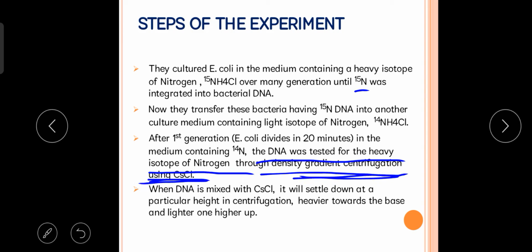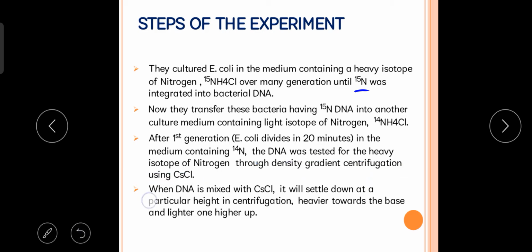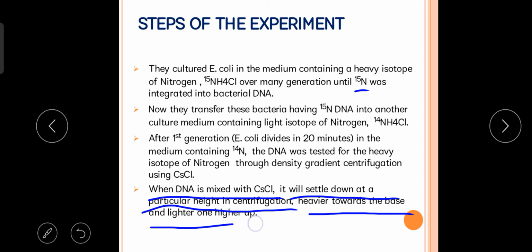Okay, so after that, remember, when the DNA is mixed with cesium chloride, then it will settle down at a particular height in the centrifugation. Remember, heavier towards the base and lighter one higher up.